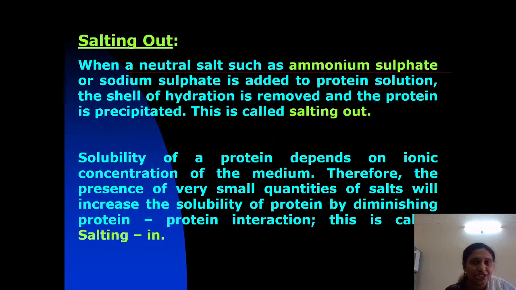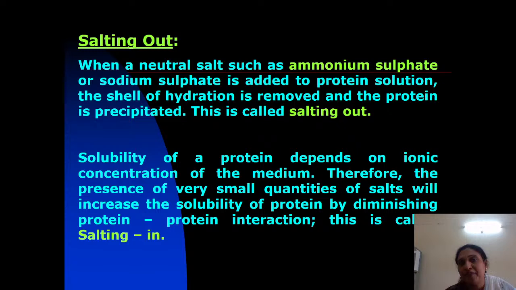If there is no protein in the filtrate, that means the amount of salt added in full saturation is enough to remove the protein. So again I repeat, the amount of salt needed to remove a protein depends upon its molecular weight. Low molecular weight proteins need more salt for precipitation. High molecular weight proteins require less salt for precipitation.